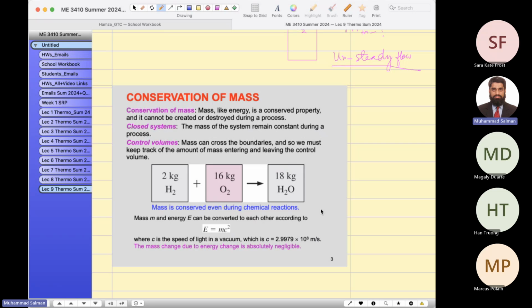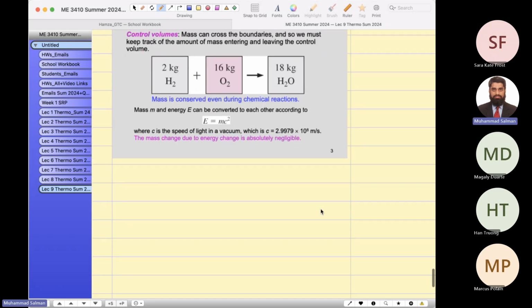In a closed system, mass remains constant, and in control volumes, mass enters the boundary. So we call this the mass conservation principle equation. What is the big picture? Whatever mass goes in equals the summation of mass flow rate coming out.